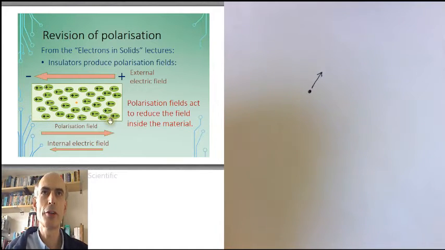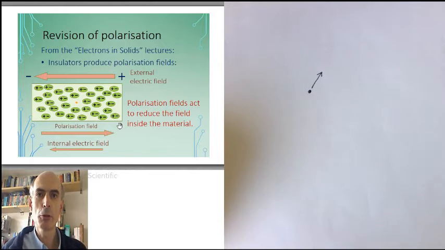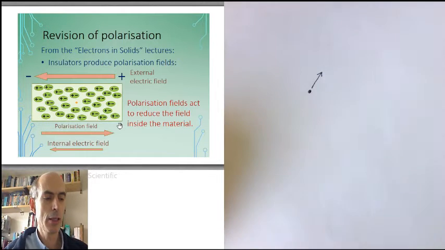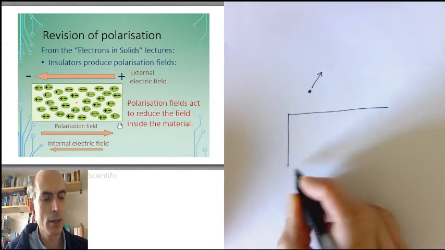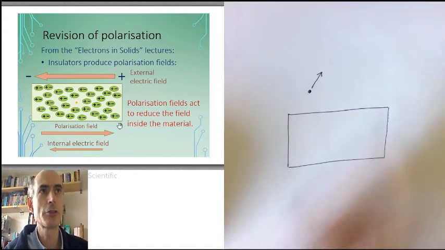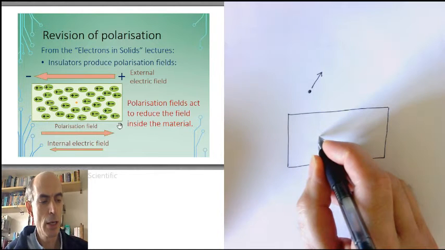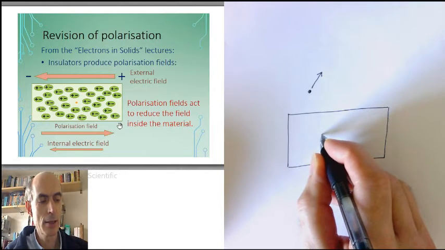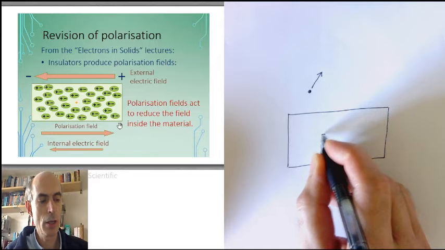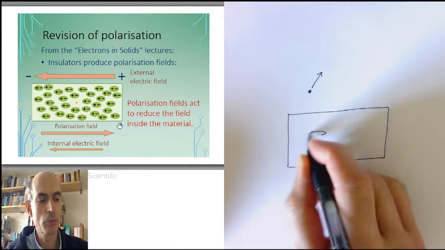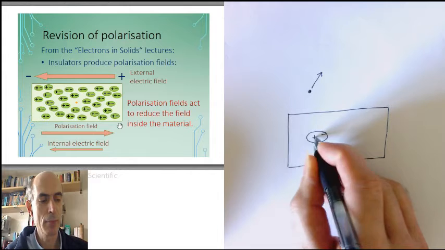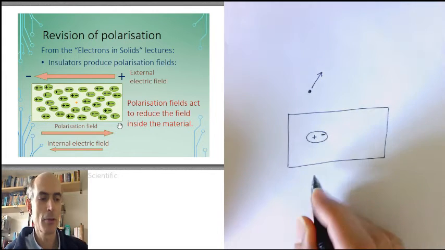Also, a quick reminder of the phenomenon of polarisation, which is why people put dielectric materials between the plates of a parallel plate capacitor. The idea being, if you have a dielectric material, that's an insulator which doesn't conduct electricity, you will still have negatively charged electrons orbiting around positively charged nuclei, the so-called classical model of an atom.